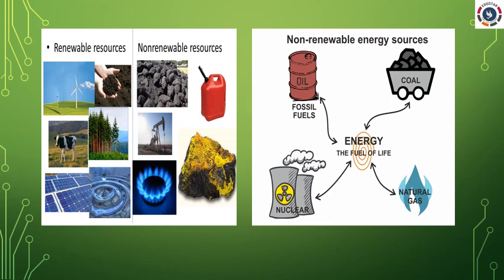Fossil fuels include crude oil and natural gas. These were formed from the remains of plants and animals which lived on the earth millions of years ago. So, it takes millions of years for them to form again. So, fossil fuels are very precious. Is it clear, students?